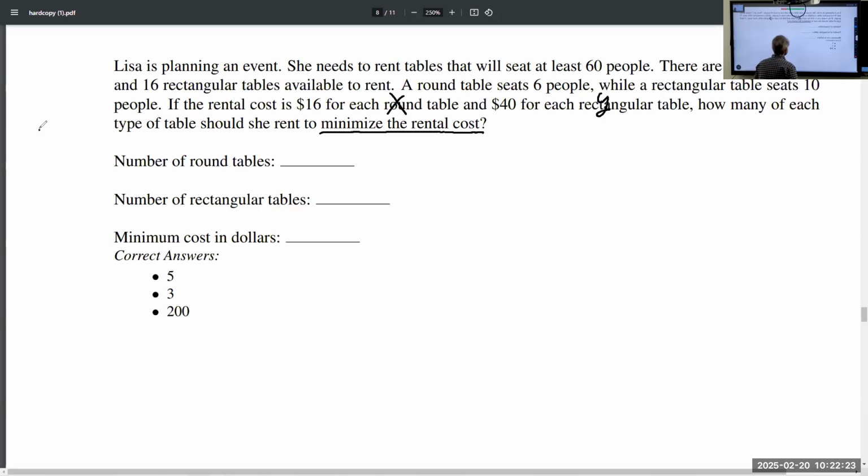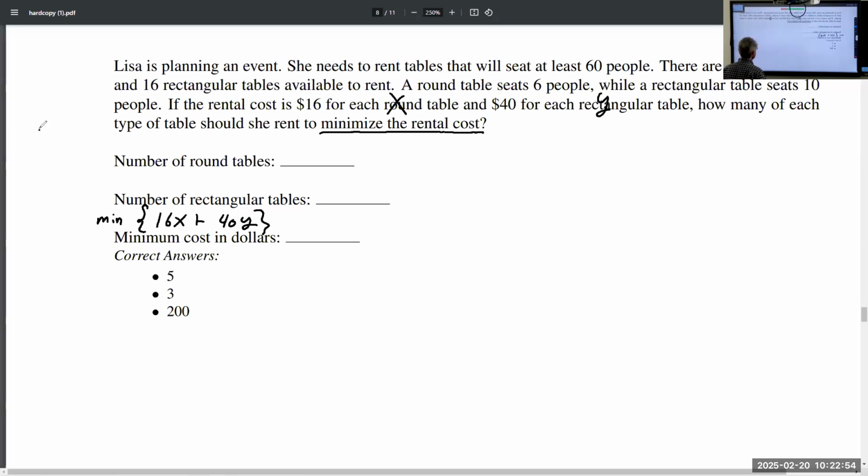If the rental cost is $16 for the round and $40 for the rectangle, we could make an objective function of 16x plus 40y, and we want to minimize this. Somehow we're going to minimize that.